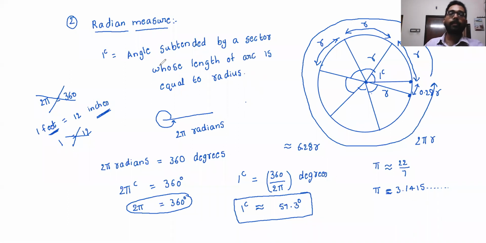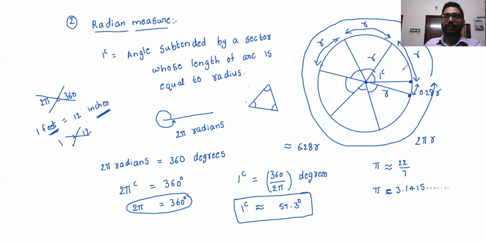This is one side, this is another side, and this is the third side. So all three angles are 60, 60, 60.